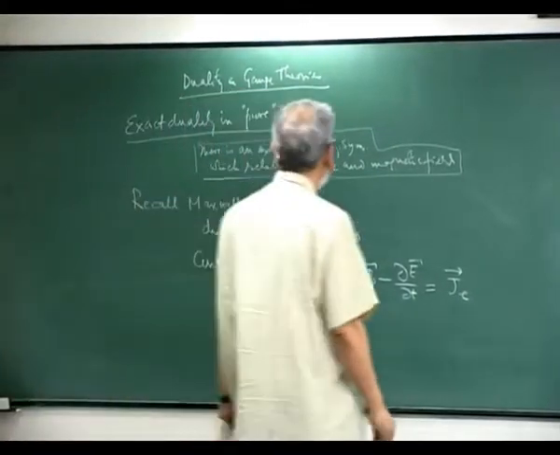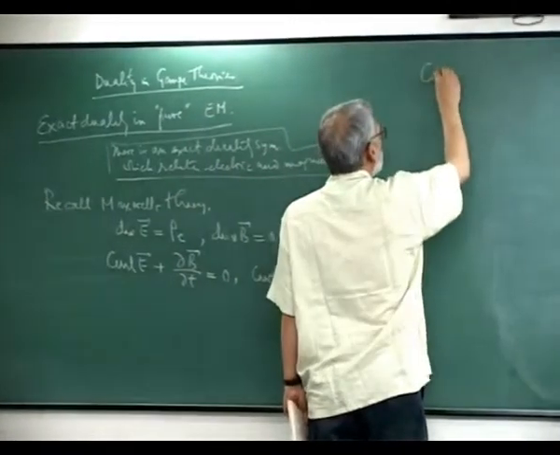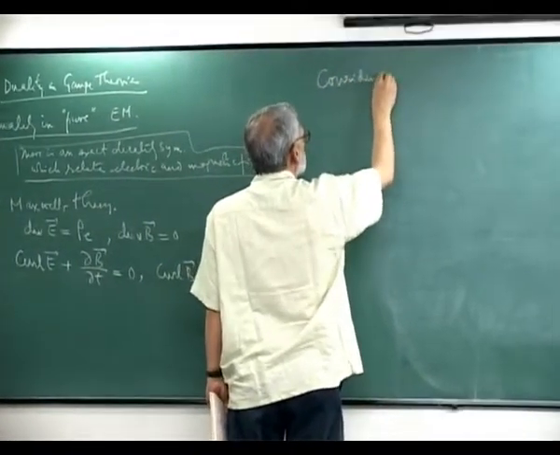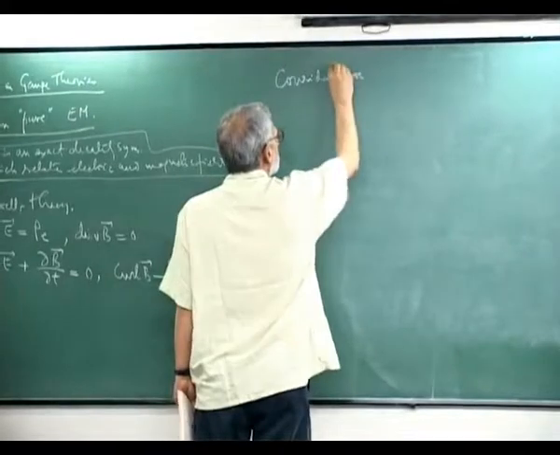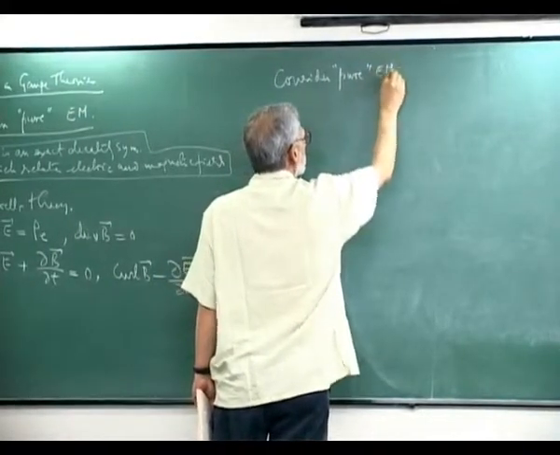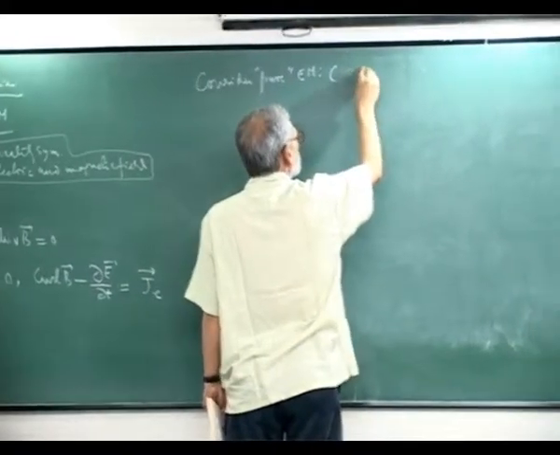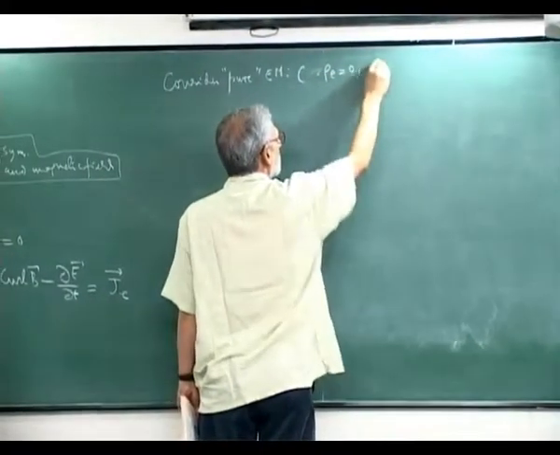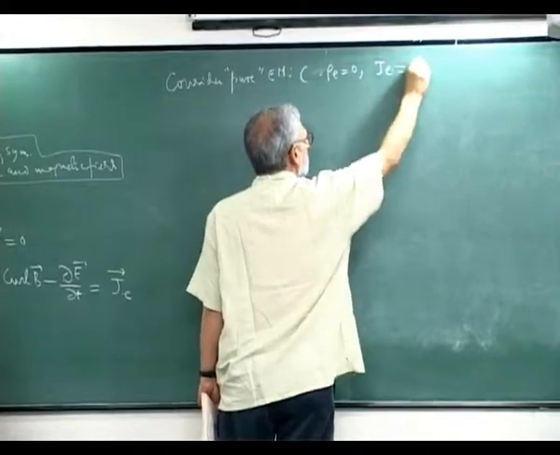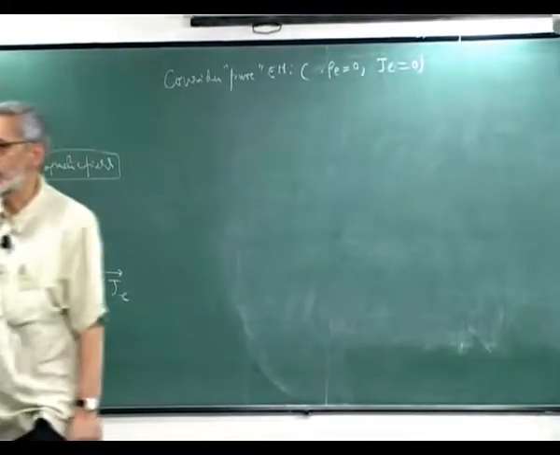Let's consider pure theory. Pure means consider pure electromagnetism, which means no electric charges, which means rho E equal to 0, and no electric current.